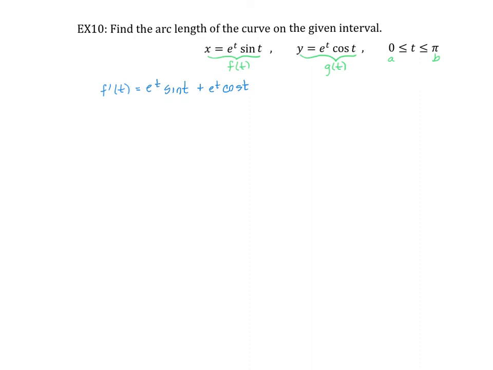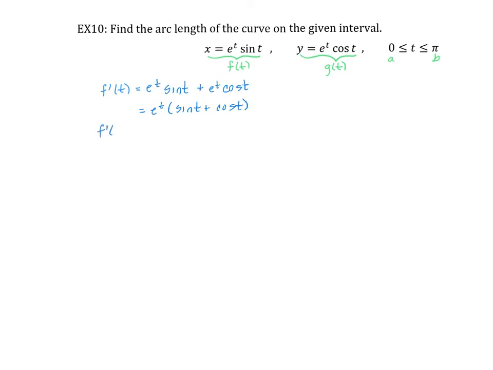But I don't just need f prime of t in the formula, I need f prime of t squared. So it may be easier, instead of squaring that whole thing and foiling stuff out, to factor out the common e to the t. So I have sine of t plus cosine of t. Don't have to, but I kind of see it that way.